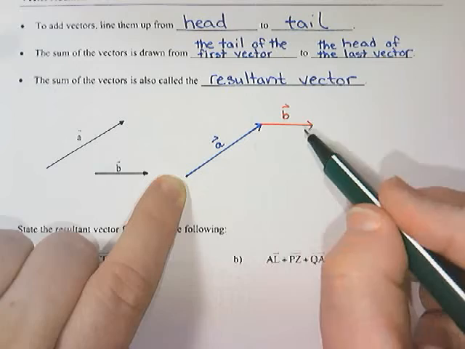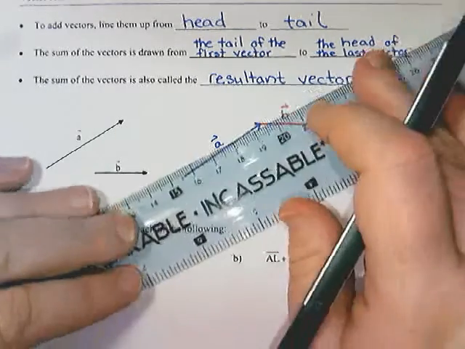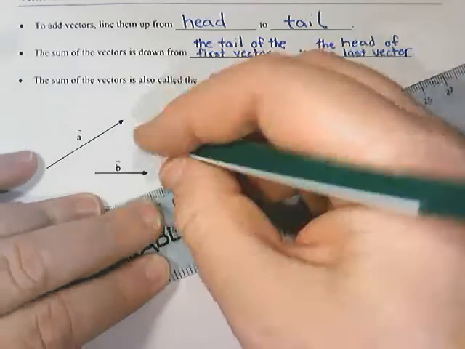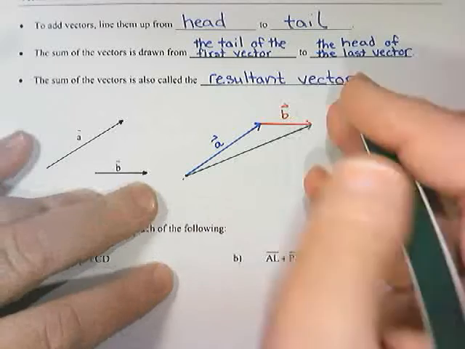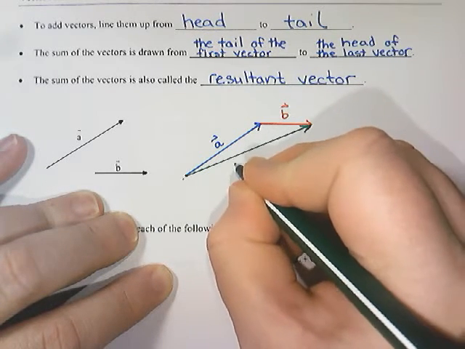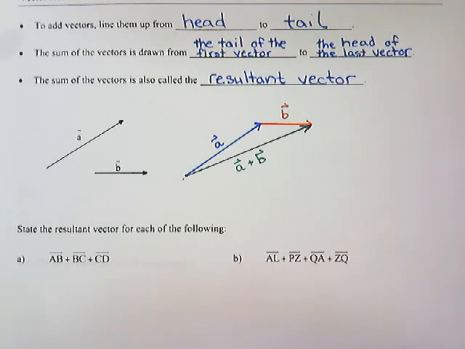So it's just kind of like a shortcut to get from that start to the end. So that's going to be here, from the beginning of A to the end of B. So that is my resultant vector, and it is the vector A plus vector B. That's how we add them together.